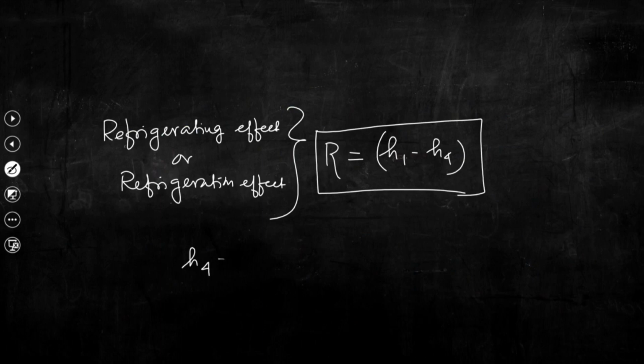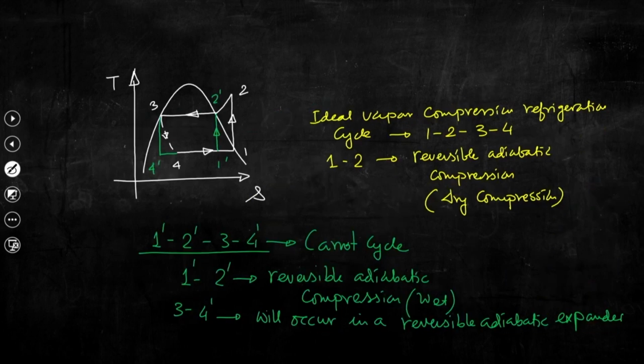H4, that is the enthalpy at state point 4, should be equal to, so this is at constant pressure and this is P evaporator, right.